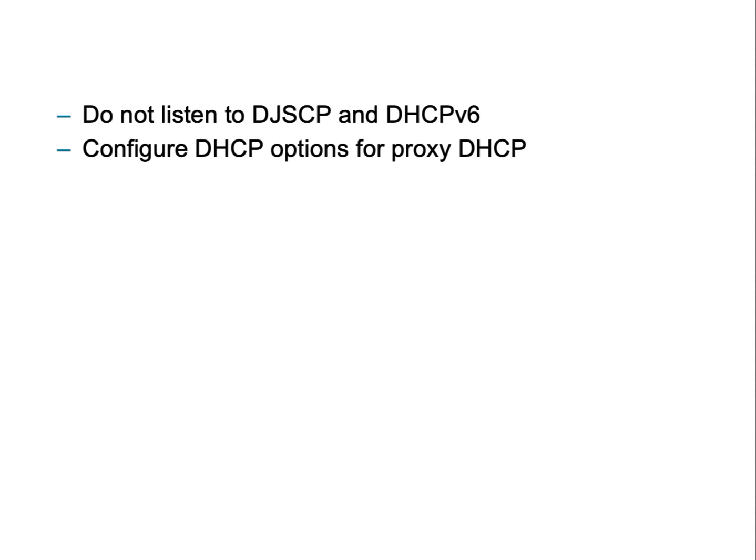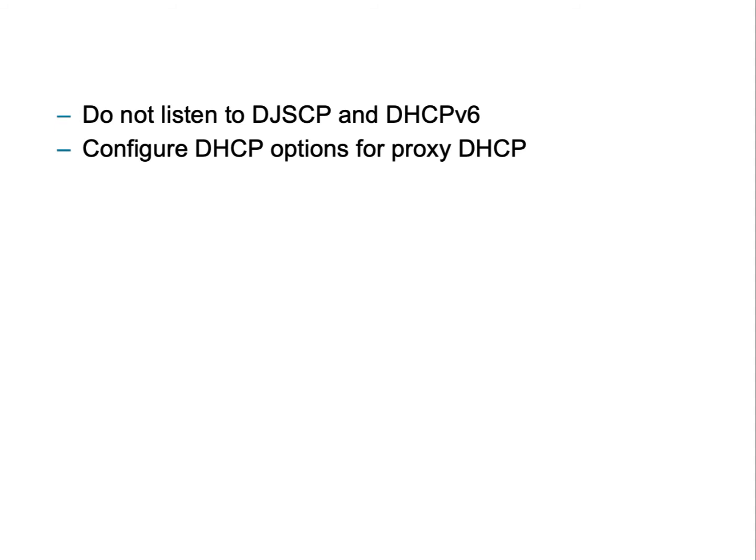If a non-Microsoft DHCP server is in use, or if DHCP is configured on another server, proxy DHCP must be configured manually. If Microsoft DHCP is running on the same server as WDS, both options should be selected.